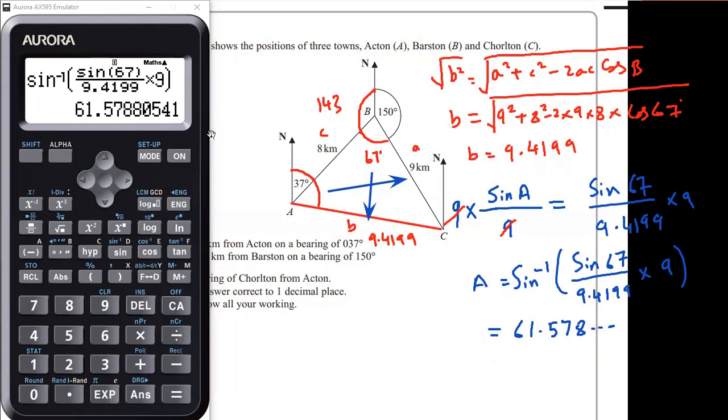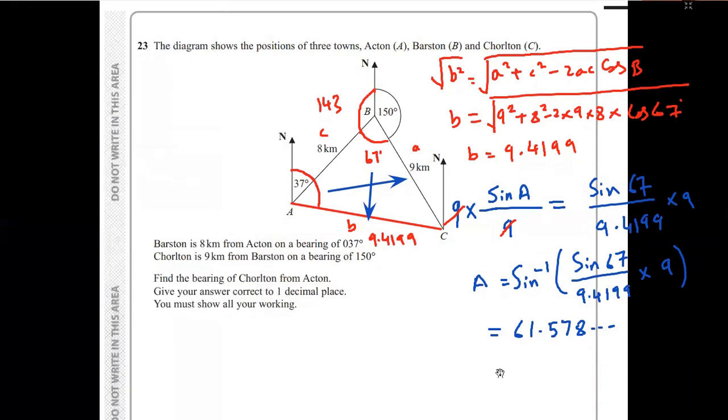Right, and if I round this answer to 1 decimal place as required by the examiner, this will become 61.6 degrees. Okay, right. So what will be the bearing of Chorlton from Acton?